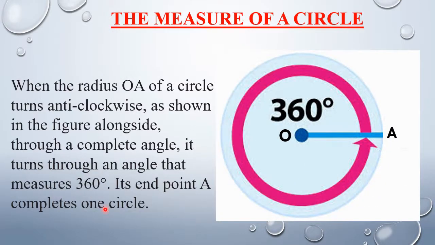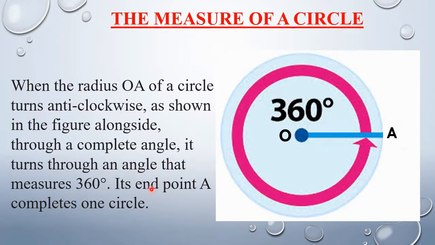Next is the measure of a circle. When the radius OA, here in this diagram you can see OA is a radius of a circle, turns anti-clockwise, as shown in the figure alongside, through a complete angle, it turns through an angle that measures 360 degrees.